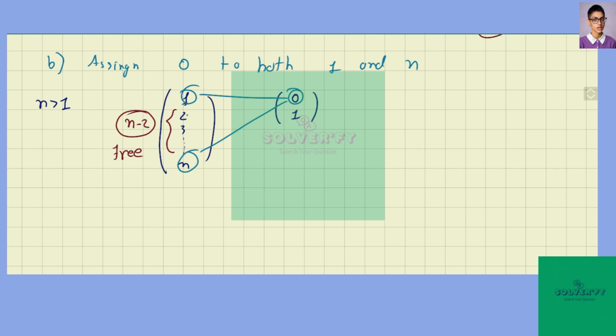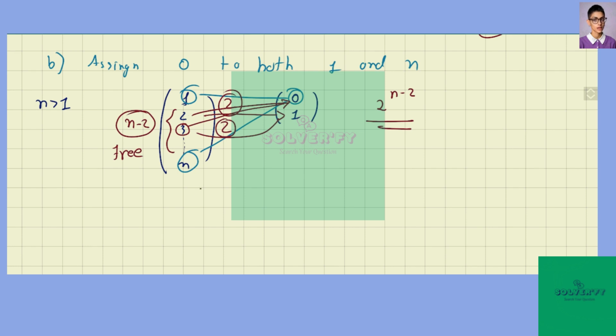We can assign these elements to any of the elements in the target set. So for each of these n minus 2 elements, we have two possibilities. We can assign the 3 either to 0 or to 1, and the same for the rest. That means we repeat two possibilities for n minus 2 free variables.